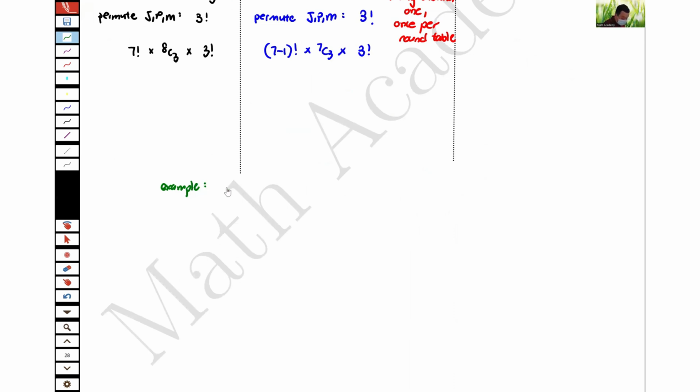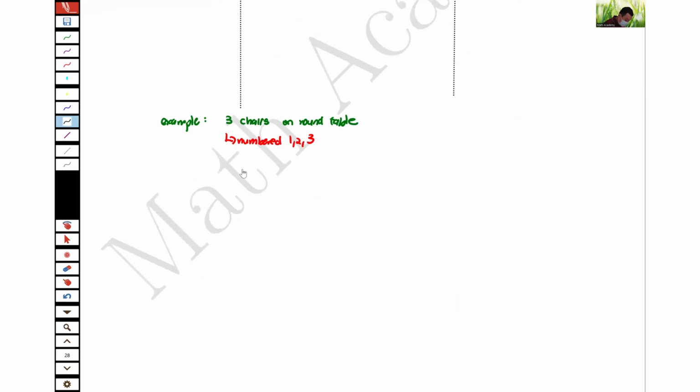Can we think about just a 3 chairs problem on a round table, and I want my chairs to be numbered chairs. So can we have them to be numbered 1, 2, and 3? Okay, we understand for a small example, then you will know what to do when you have 10 chairs later on. So help me draw out 3 circles, where on my 3 circles, I already have the chairs placed in.